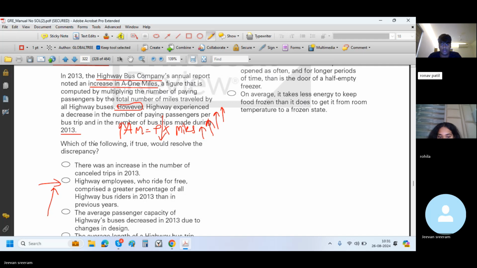So although there is a decrease in paying passengers, you can see an increase in A1 miles if there is a drastic increase in the number of miles traveled by the lower number of paying passengers. That would resolve the discrepancy.